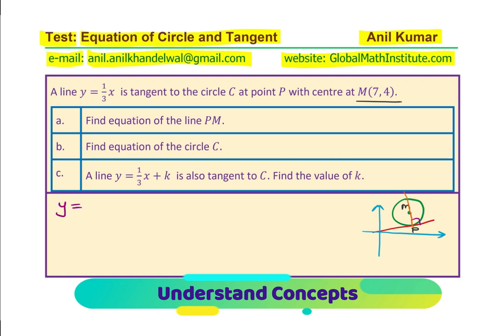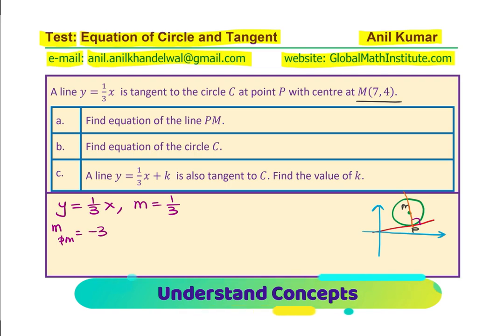So we have y equals 1 over 3x, where the gradient is 1 over 3. And therefore, the gradient of line PM should be what? It should be negative 3, right? Negative reciprocal.